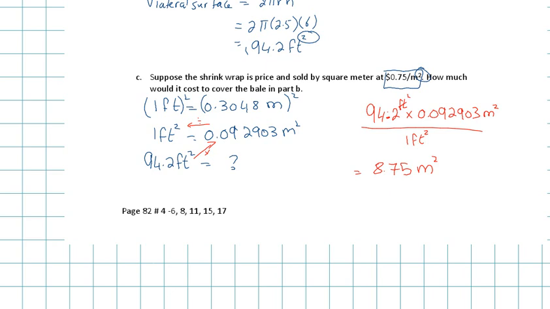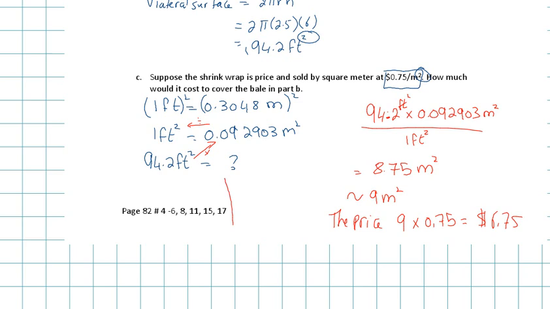So the price would be 9 times 0.75, which is $6.75. And remember that I haven't been putting a therefore statement, but you should be putting a therefore statement.